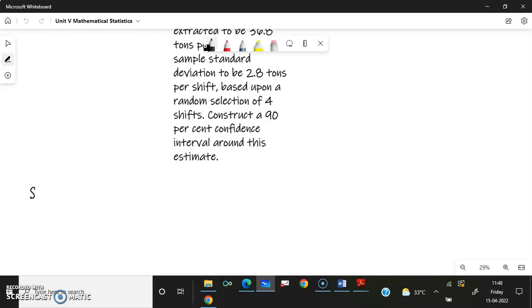Solution. The size of the sample is too small because it is only 4 shifts, so n is 4. The size of the sample is small, as I told you before. We cannot use the normal distribution, therefore we have to use the t distribution.